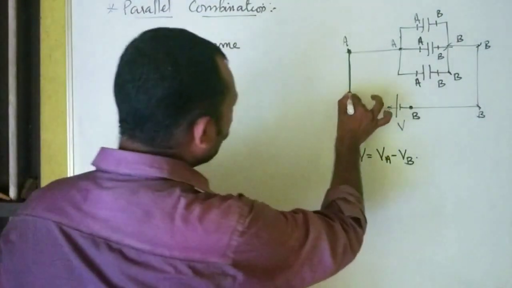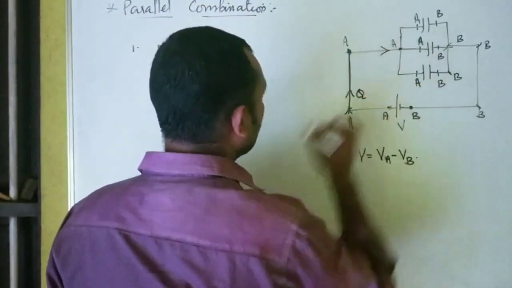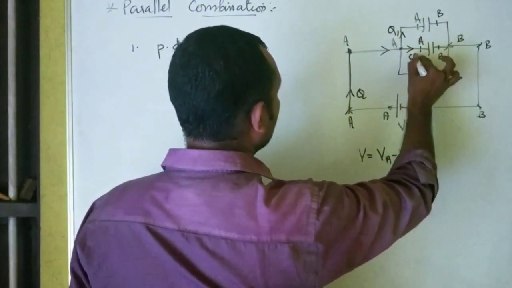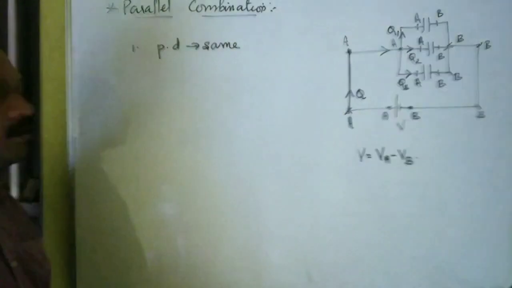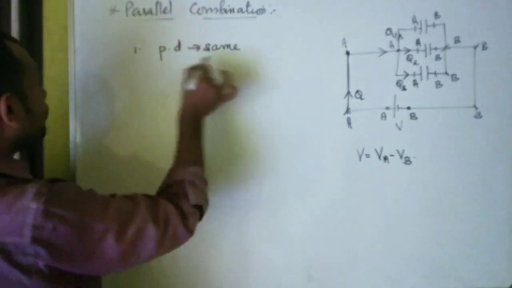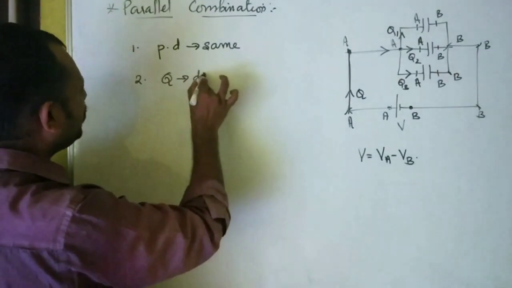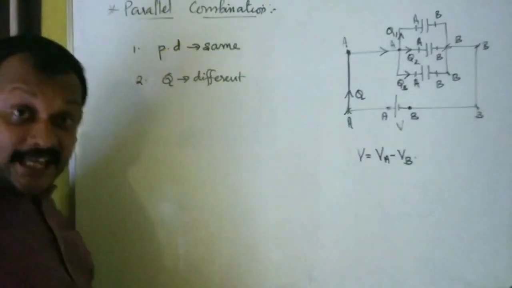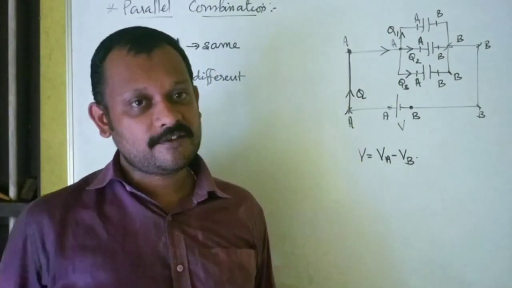If the charge flowing from here is say Q, what will happen to the charge coming here? The charge here will be Q1, charge here will be Q2, charge here will be Q3. That means in parallel combination potential difference is same but charge is different. Now recall what we studied in series combination. In series combination charge is same but potential difference is different.